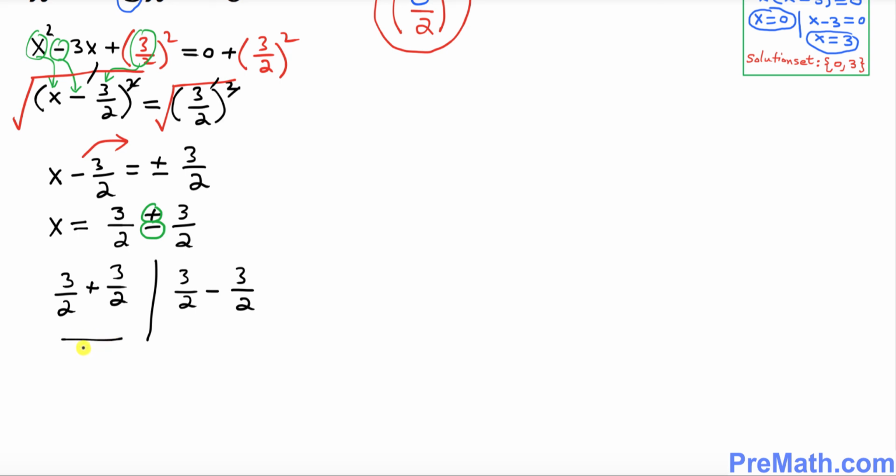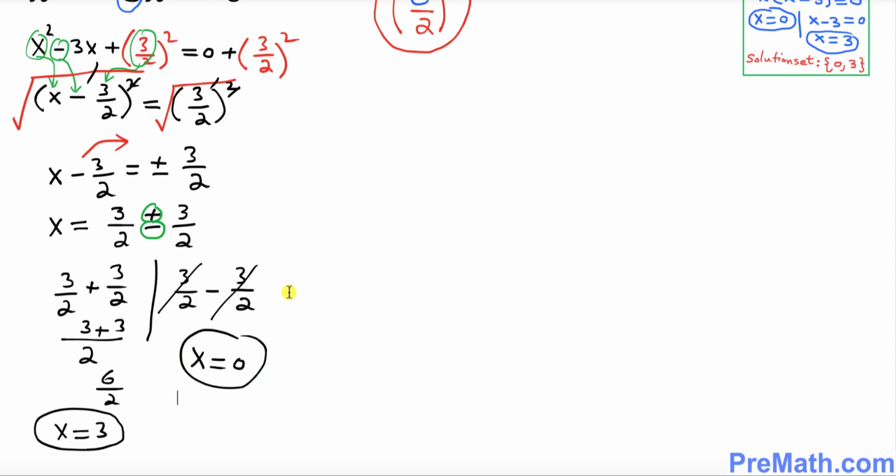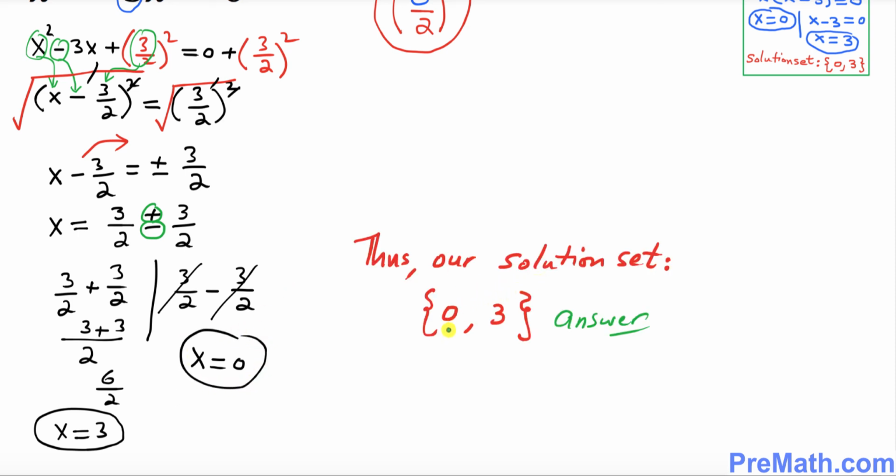Over here our common denominator is 2, so 3 plus 3 equals 6 over 2, which becomes x equals 3, one of our solutions. Here negative 3 over 2 and positive 3 over 2 are gone, so x equals 0 is another solution. Thus our solution set turns out to be 0, 3, and that is our answer.